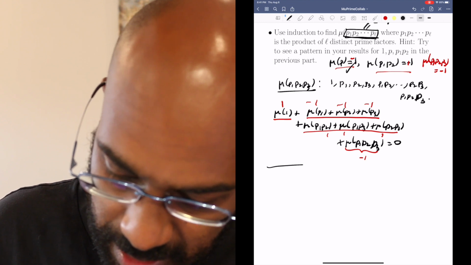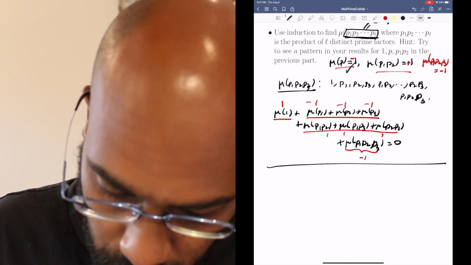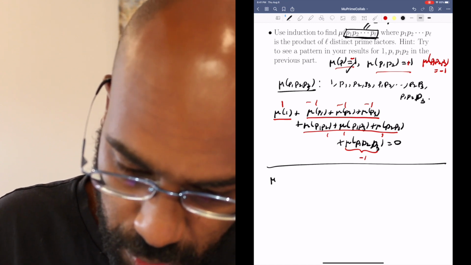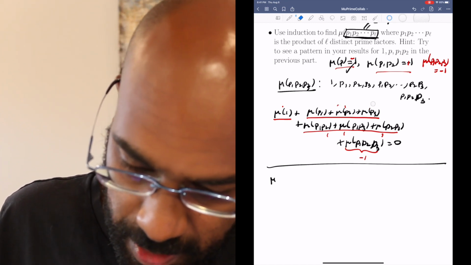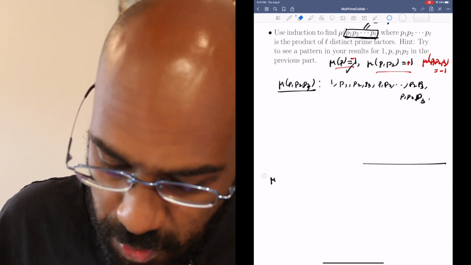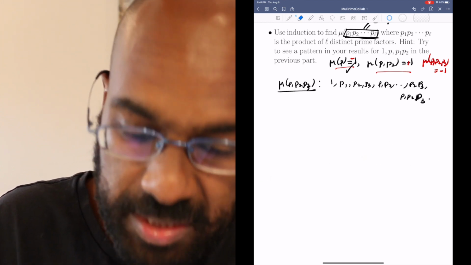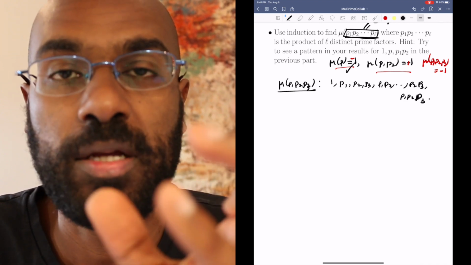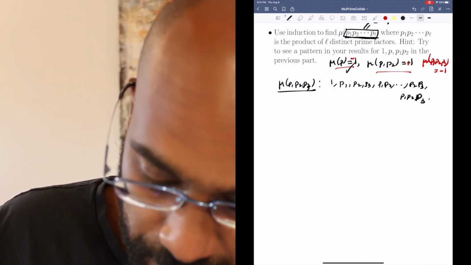So we'll have something like this. So we'll have mu of, maybe I'll actually get rid of all of this to look at what happens in general. But it seems like from the case of 3 primes, what we should do is clump based on the number of primes we're taking products of when looking at the sum that we have.